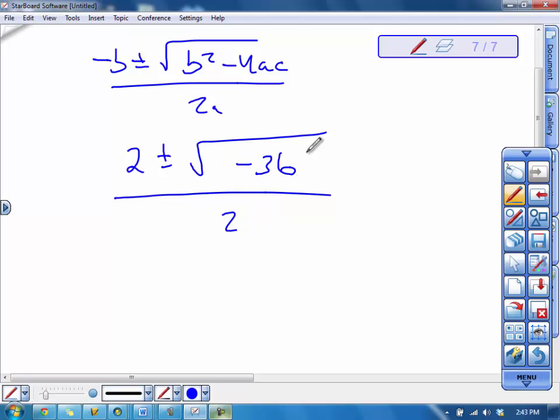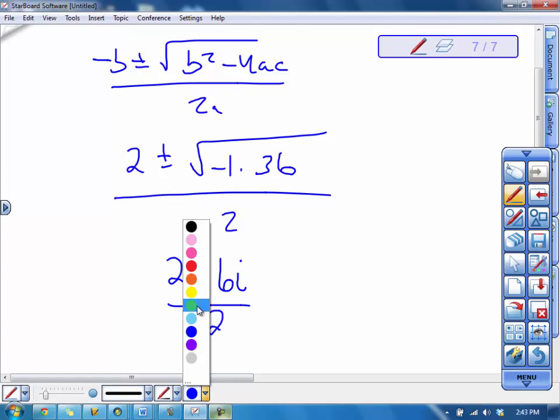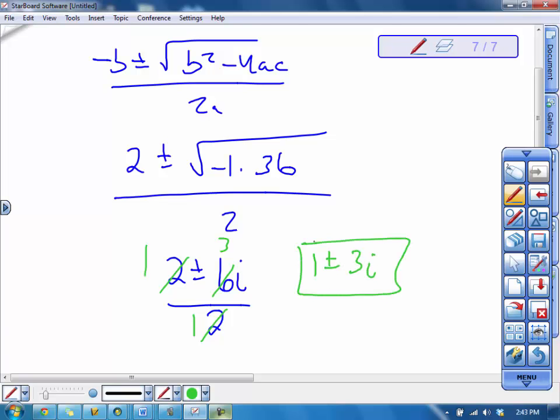The square root of negative 36 is 6i, right? Because I can pull out the negative 1. The square root of negative 1 is i. And the square root of 36 is 6. So then I have this. I can simplify, though, because 2 goes into 2 one time. It goes into 6 3 times. So this becomes 1 plus or minus 3i as my two solutions for x. Those are my two answers for x, which are both complex numbers.